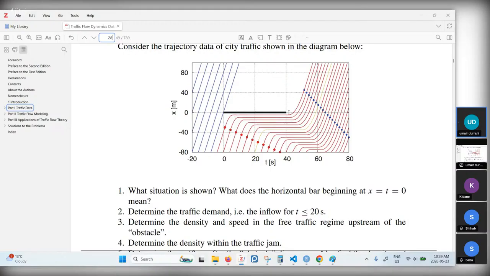And then at this point, they start to accelerate again, and then they maintain their free speed again. So these red points are representing the start of the deceleration, and the blue points are representing the end of the acceleration after they start to accelerate.